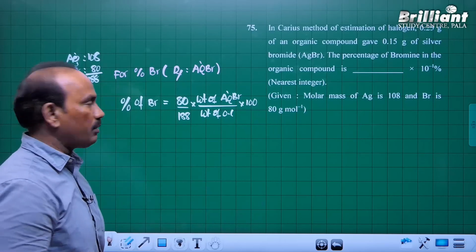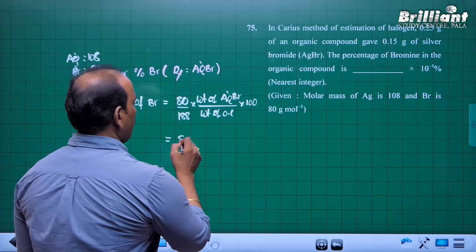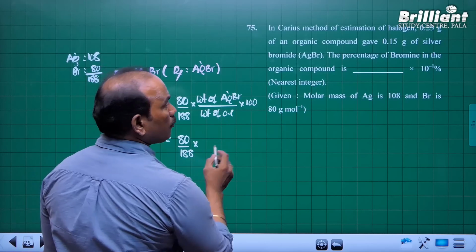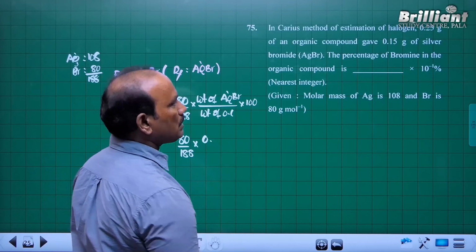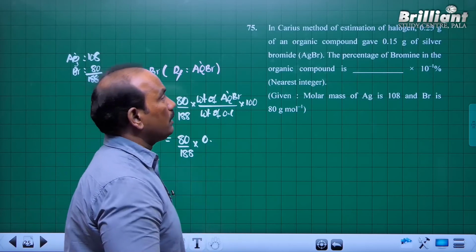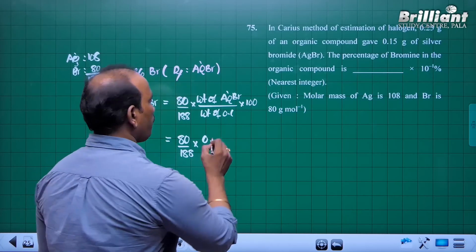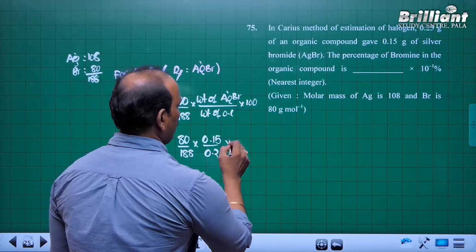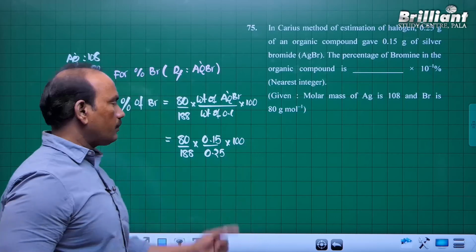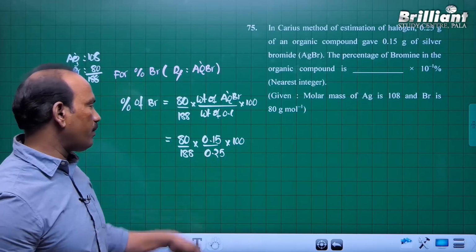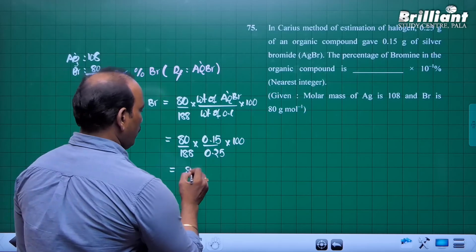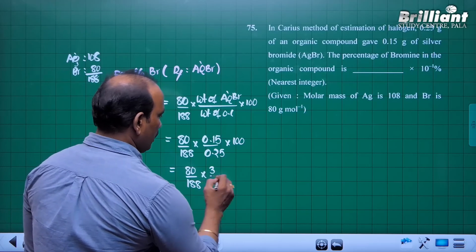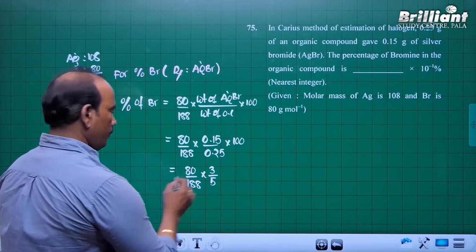Okay, this is the Carius method. So 80 by 188 into 0.15 by 0.25 into 100. Clear? 0.15 by 0.25 is 3 by 5. Therefore 80 by 188 into 3 by 5 into 100.